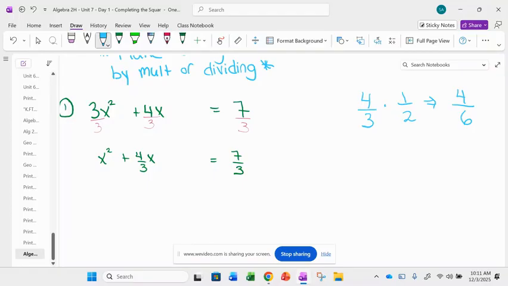I'm going to keep it as 4/6. So I'm going to take 4/6 and then I'm going to square that 4/6. So if I'm taking 4/6 and squaring it, I get 16 over 36. So I'm going to add 16 over 36 to the left, and I'm going to add 16 over 36 to the right.